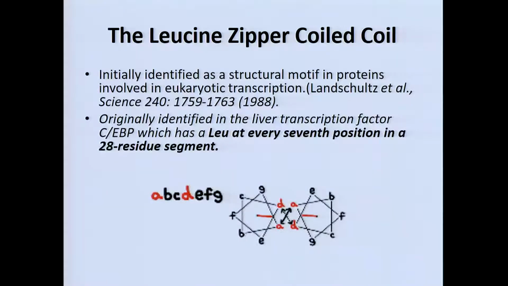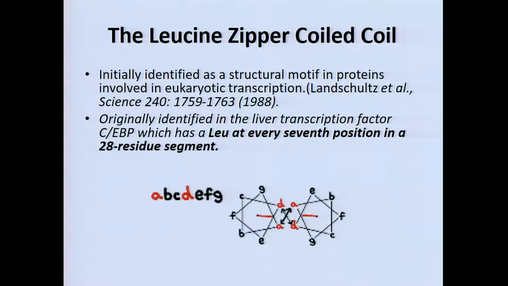This is an example again. You can see here, the helices are drawn in the form of a helical wheel, and you can see much more easily that these are the hydrophobic interactions. And if there is an electrostatic interaction, you can see here, so E and G, if they are polar or charged residues, they should have some electrostatic interaction.